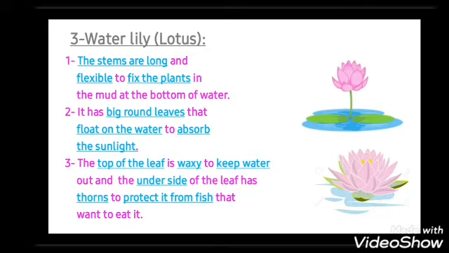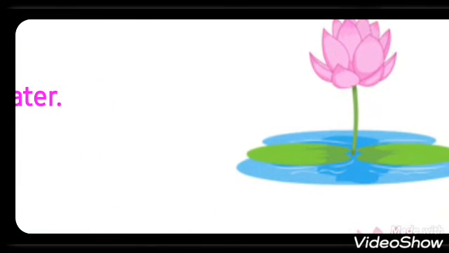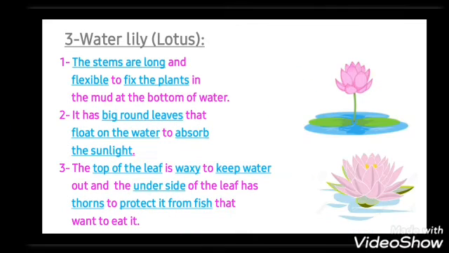Okay? Long and flexible, to fix the plant in the bottom of the water. So the function or the importance of the stem in the water lily is that it's long and flexible to fix the plant in the bottom of the water.